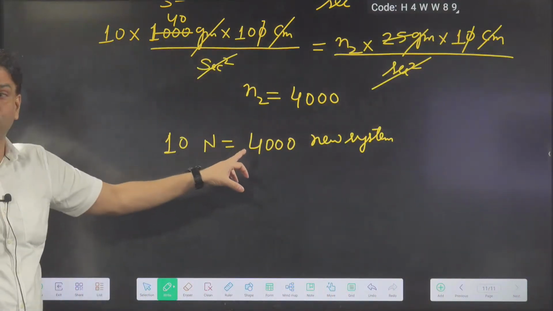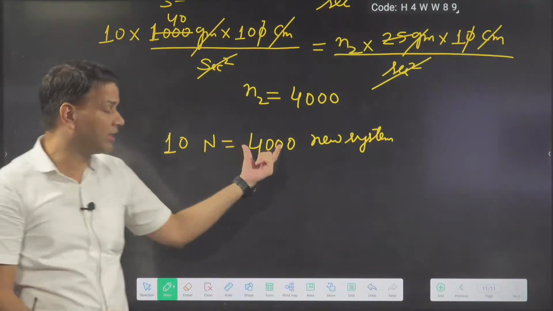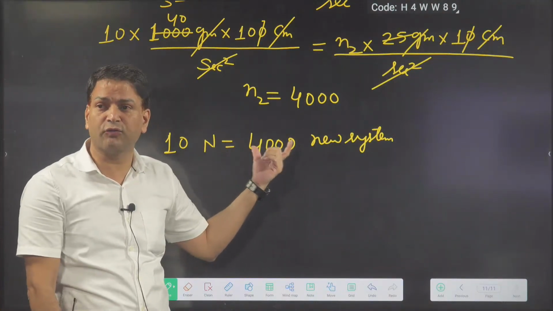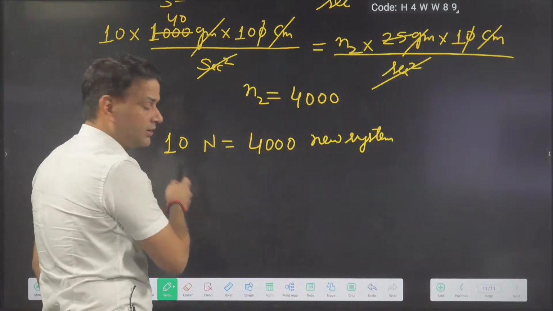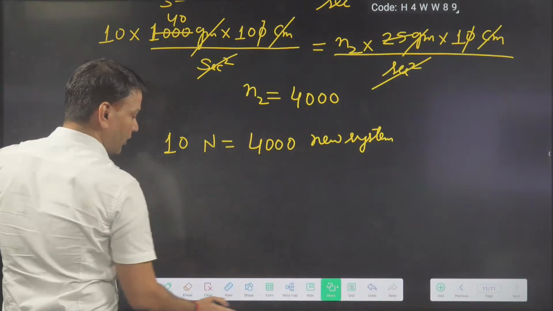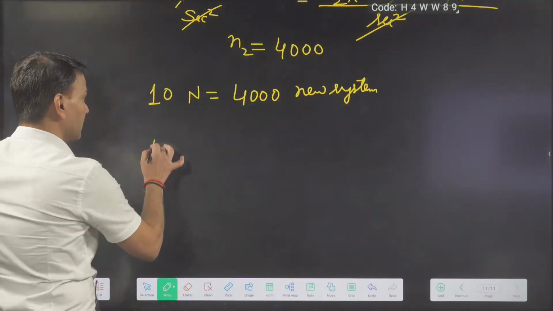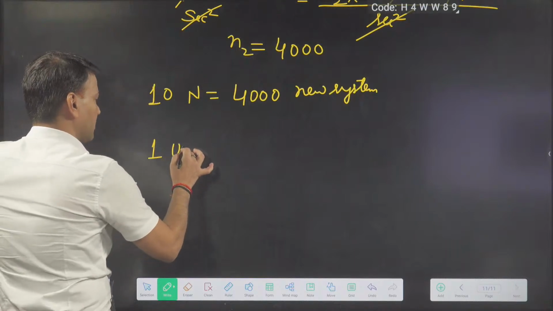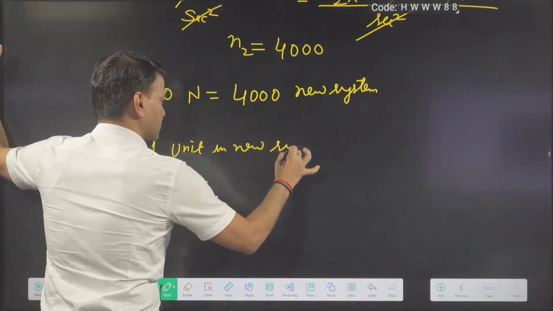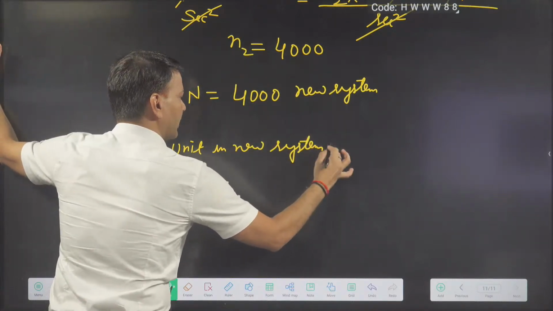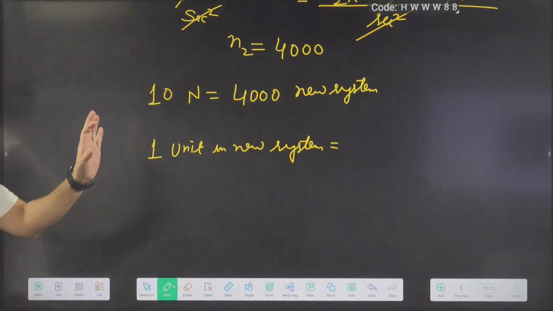Now 1 unit force in that system means in the place of 4000 I need 1. So what will I do? I will divide the 4000 on both sides. So 1 unit in the new system, I will divide the 4000 on both sides.